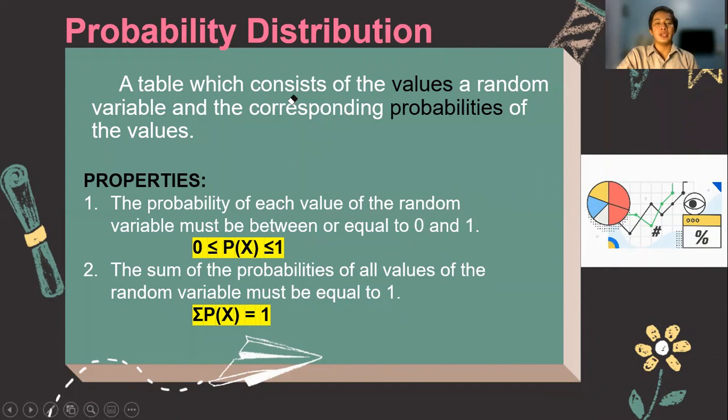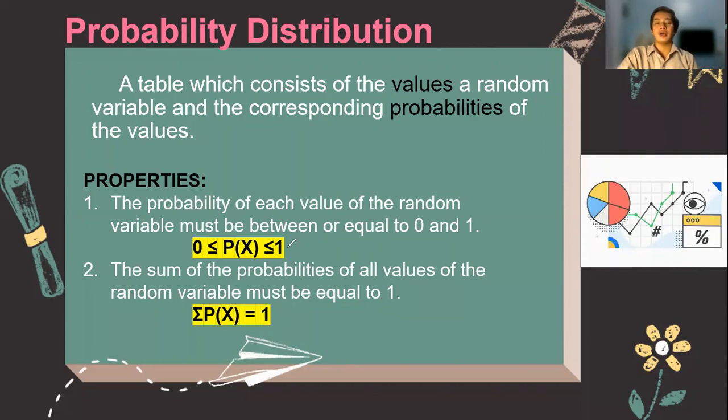Always remember this symbol for compound inequality. We have the probability of the random variable x is greater than or equal to 0, but less than or equal to 1. So if you get an improper fraction, that's impossible because that is not within the boundaries of 0 and 1.